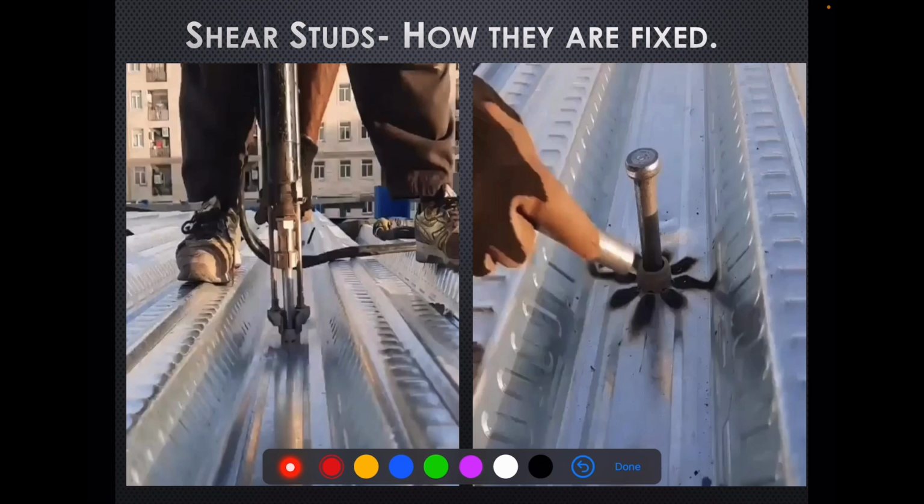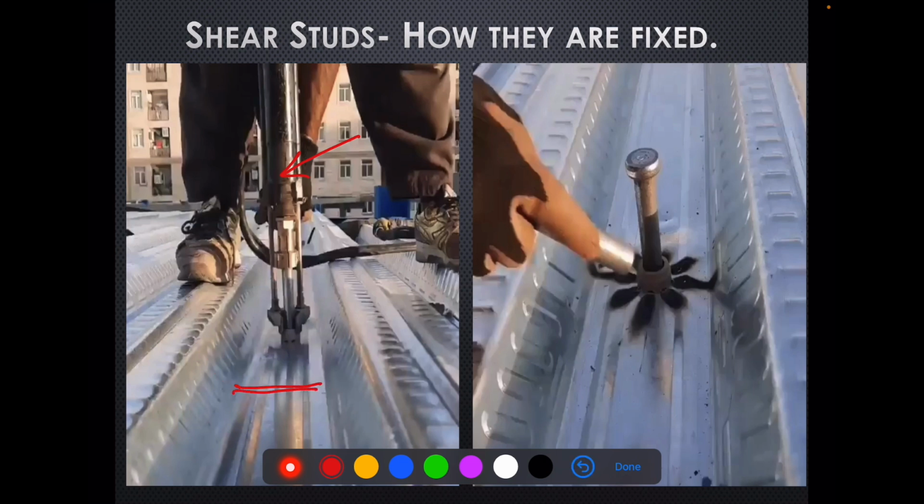In the field, these shear studs are provided with the help of a shear stud gun. This is basically an arc welding process. With the help of this gun, the shear stud is put inside and connected with the top flange. Here, do not get confused with this haunch. This is not the haunch prepared and this is not the top flange of the plate girder.